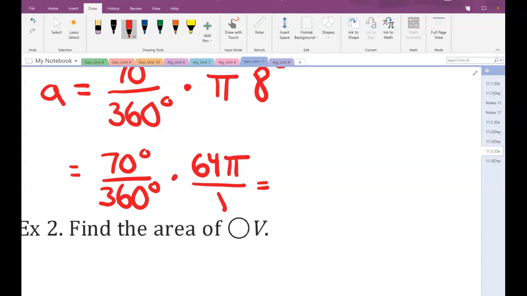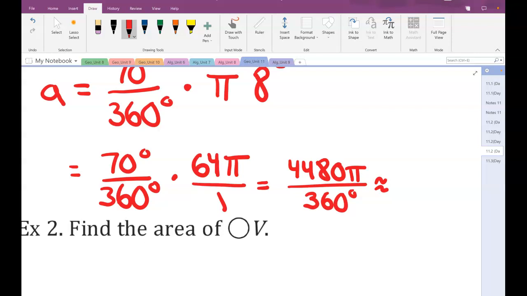So that would be 4,480 pi divided by 360 degrees. And then you could type this onto your calculator as is without any parentheses needed, because your calculator would do this multiplication first and then divide by 360.